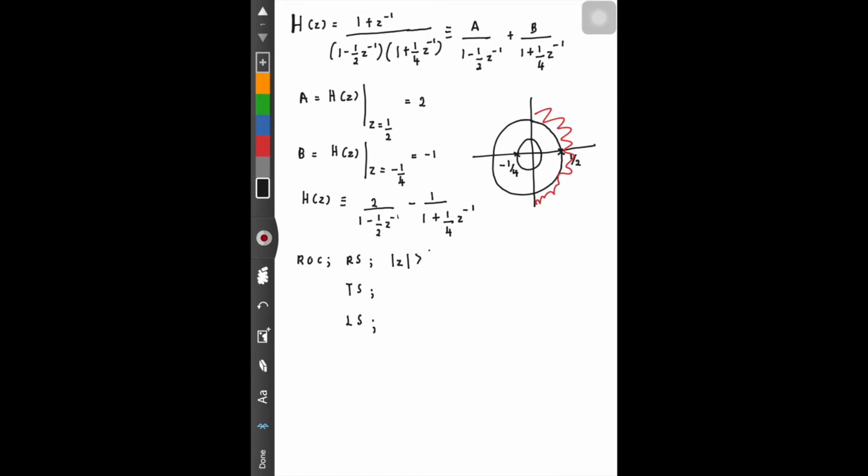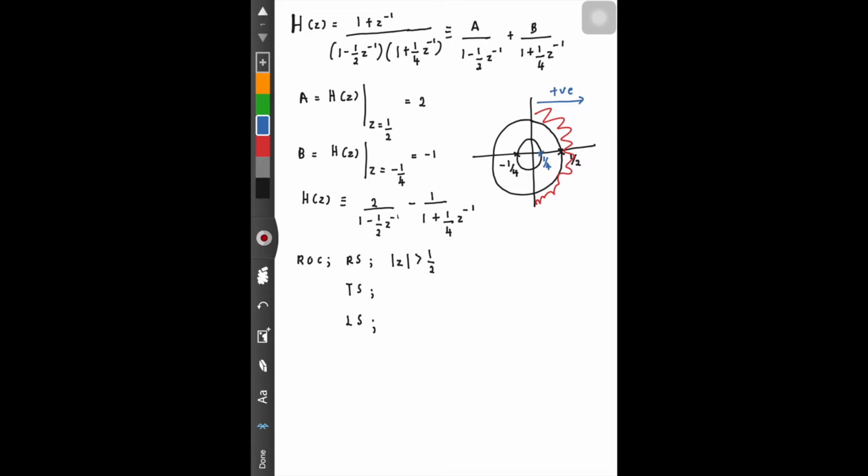So your modulus z is greater than half. Next, for left-sided, if you look here, we don't have 1 over 4. For the ROC, we just consider the positive side of the circle.